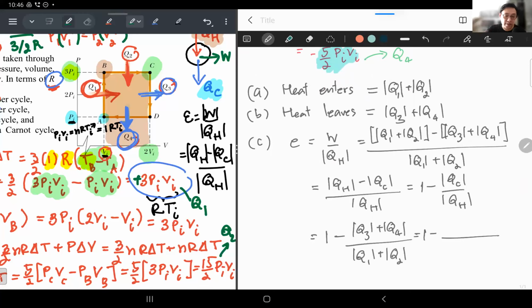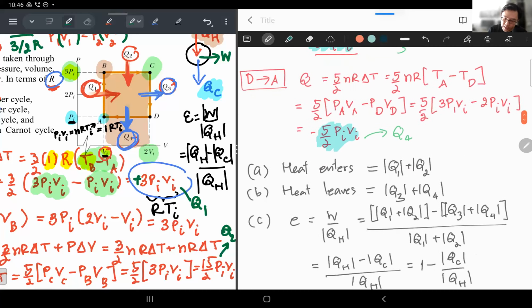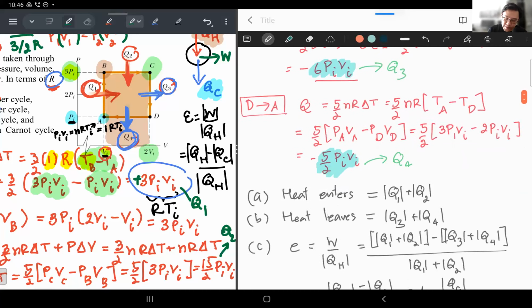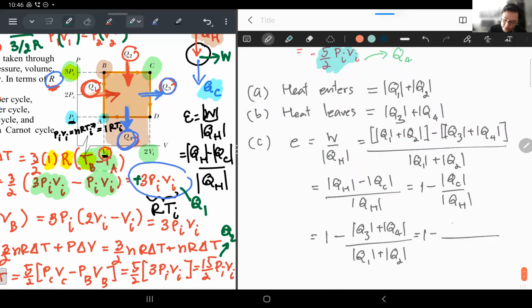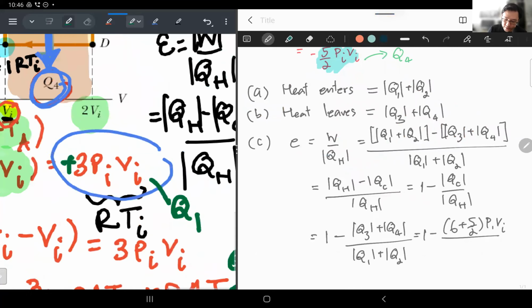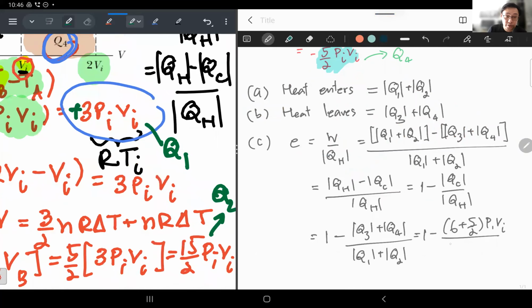You can start doing the summations. For Q3 and Q4, you just need the magnitude. So it's going to be 6 and 5.5. Let me do the numbers here. So it's 6 plus 5.5 PiVi. For Q1 and Q2, which is right there on the left, let me zoom here, it's just going to be 3 and 15 over 2 PiVi.